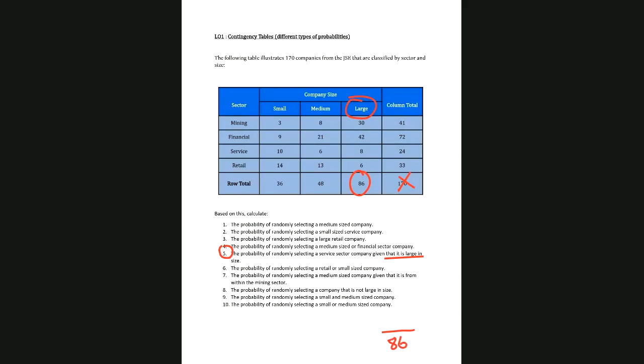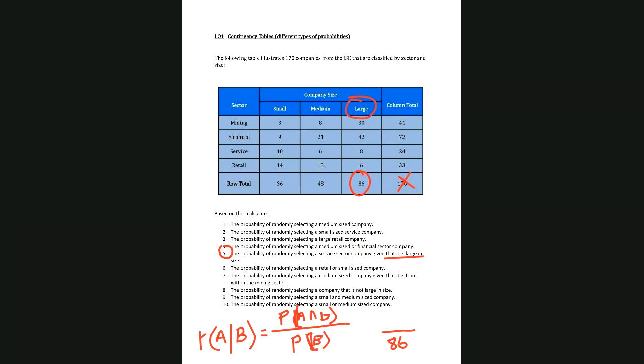So the rule when it comes to conditional probability, the general formula, as you would have come across, is that the probability of A given B is calculated by taking the probability of A and B over the probability of the given, which is B in this case.